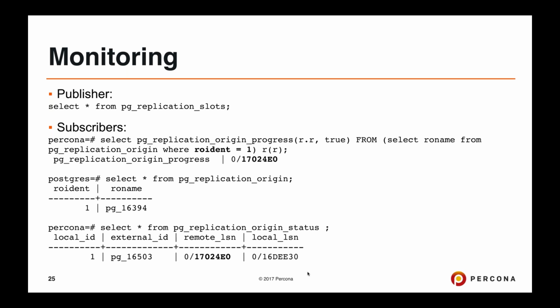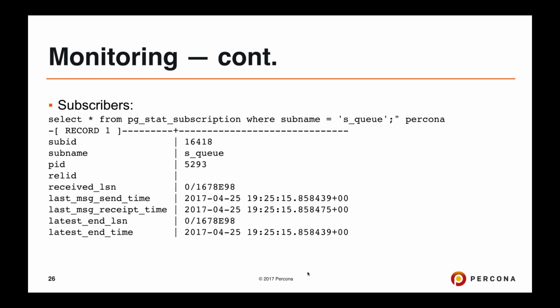Then I use the pg_replication_origin_progress function, which just takes the name of the origin and outputs the current progress. The pg_replication_origin_status is the same view that I spoke about before. In the subscribers, in this case, you can check the status of a particular subscription.